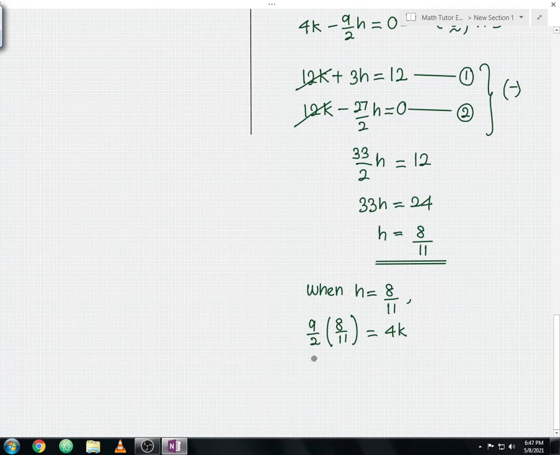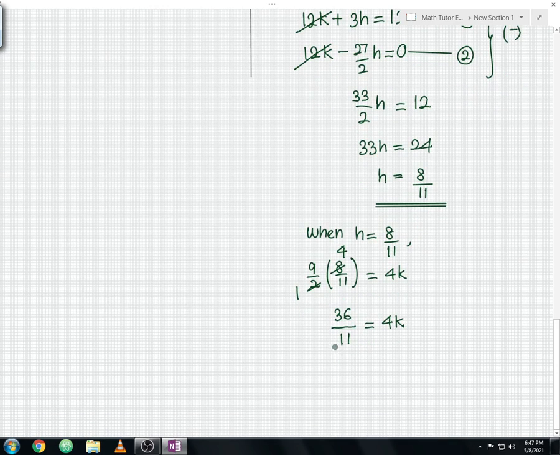This 2 you simplify, you get 1, this 8 you simplify, you get 4, so 9 times with 4 you get 36, and 1 times with 11 you get 11. So 36 over 11 equals to 4k.